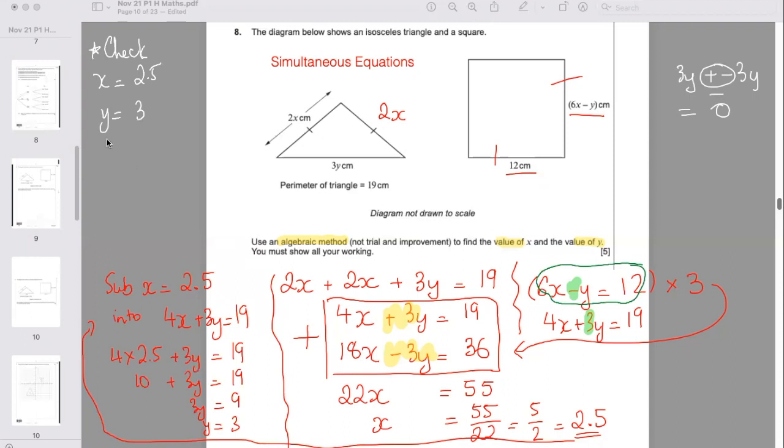So I'm going to do 6x minus y, which is 6 times 2.5 minus 3, and that would be 15 minus 3. And yes, it is 12. So I know I've done it correctly there. So my x will be 2.5 and my y equal to 3, and both are in centimeters. Here you go.